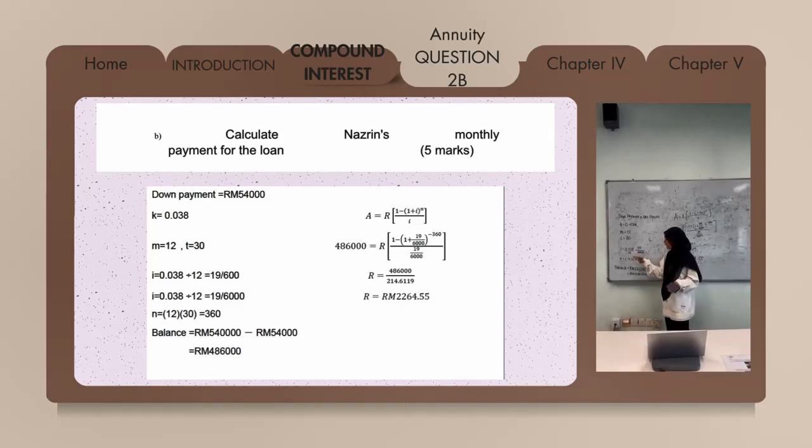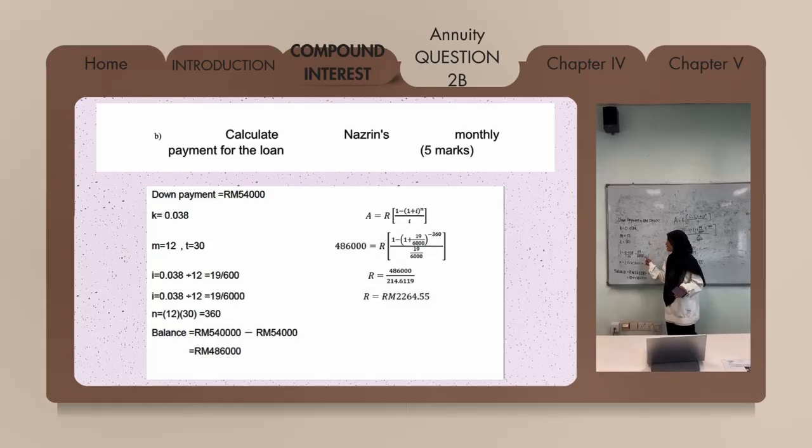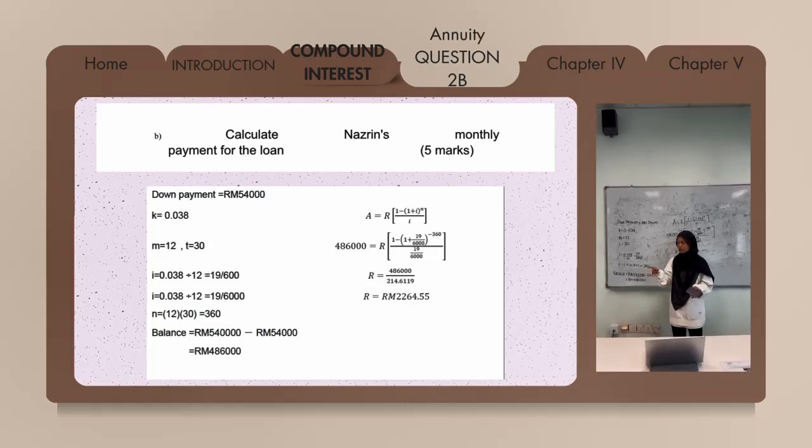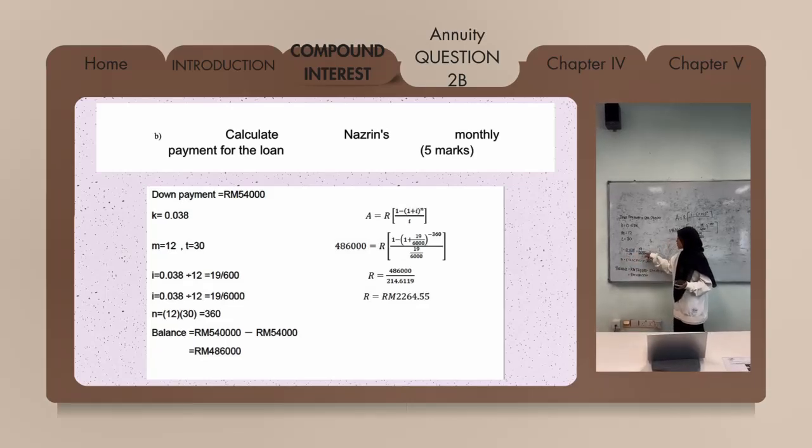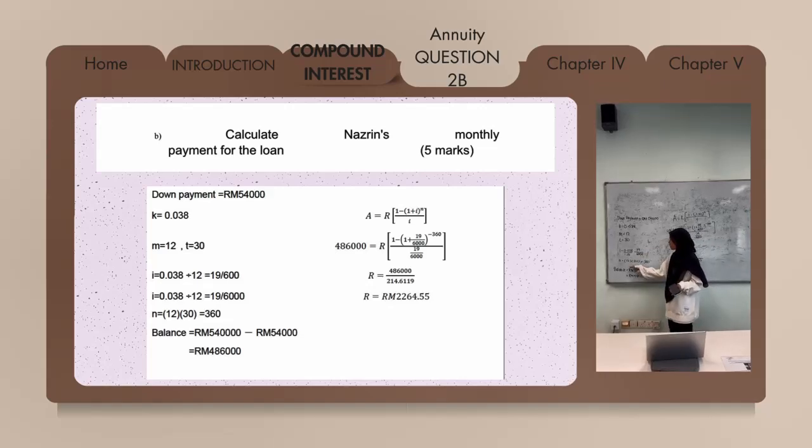For I, I is K over M. So 0.038 over 12, we get 19 over 6,000. And for N, the formula for N is M multiplied by P, 12 multiply 30, and then we get 360.